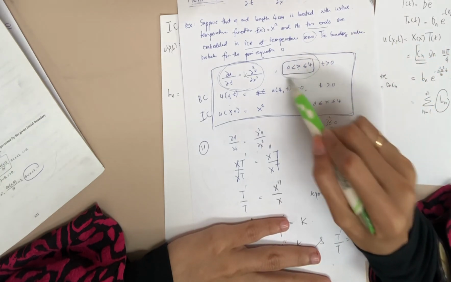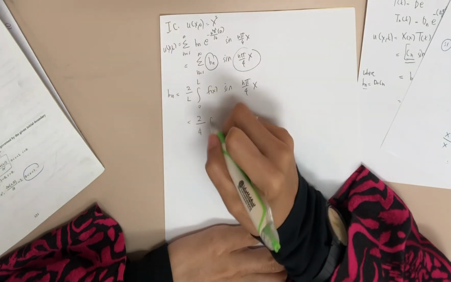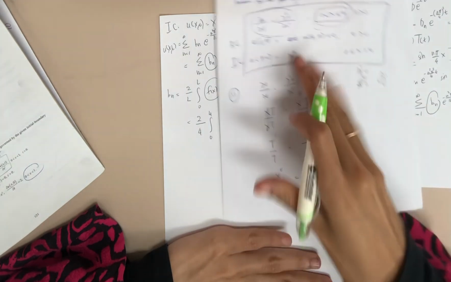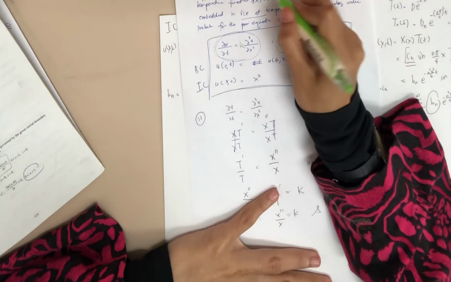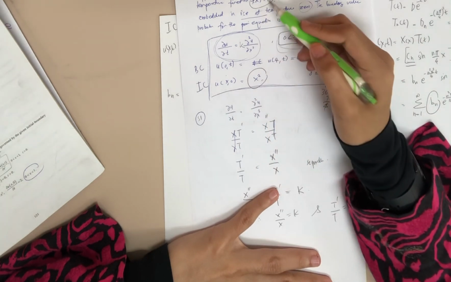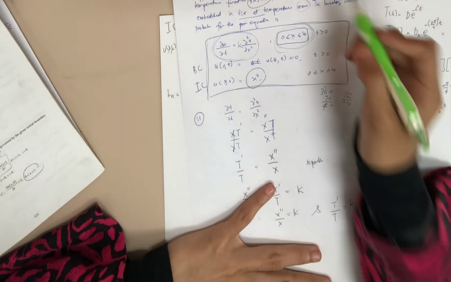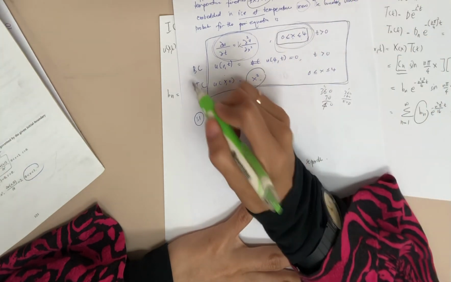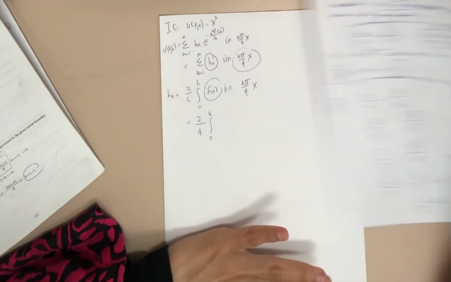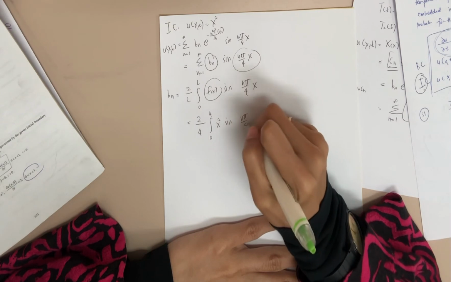You can get your L from the interval, so your L here is 4, the interval 0 to 4. And what is your f(x)? You can get it from this question or from here, either one; these two are the same meaning. Because it said initial temperature, I stands for initial. So f(x) is x², and we have x² sin(nπx/4).